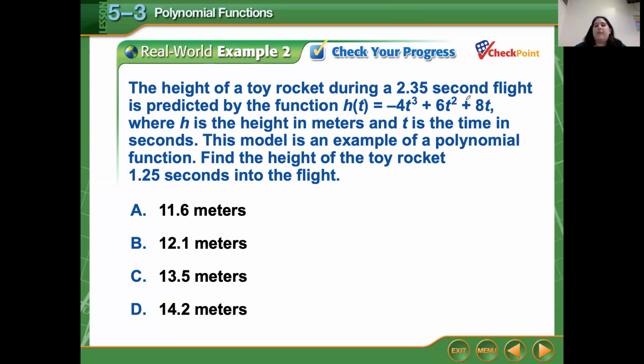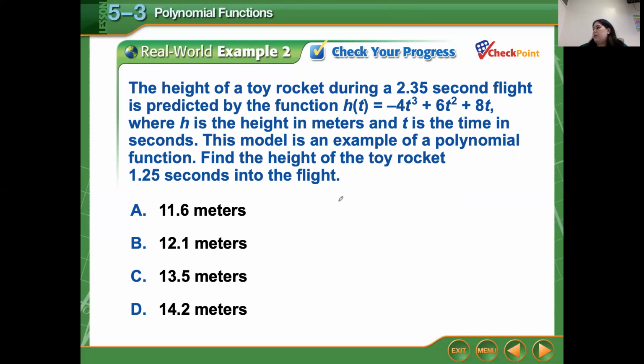All right, so here we have a toy rocket during a 2.35 second flight is predicted by the function h of t equals -4t cubed plus 6t squared plus 8t, where h is the height in meters and t is the time in seconds. This model is an example of a polynomial function. Find the height of the rocket 1.25 seconds into the flight.